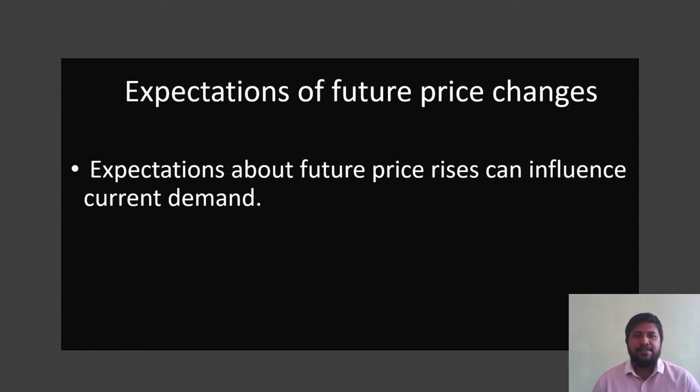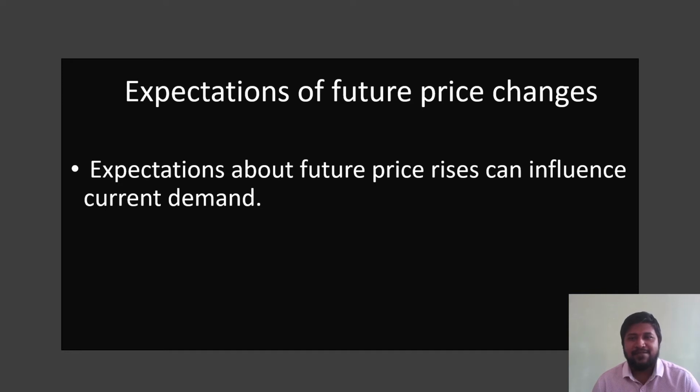So the next factor is expectation of future price changes. Expectations about future price rises can also influence current demand. Now, for example, if we expect an increase in price in the near future, let's have a very practical example. When the Corona pandemic hit the world, people in different countries rushed to shops and did impulse buying.